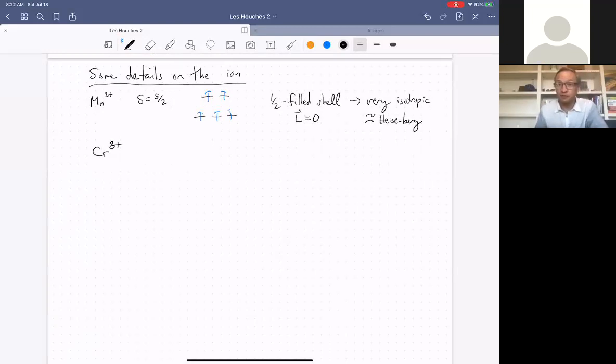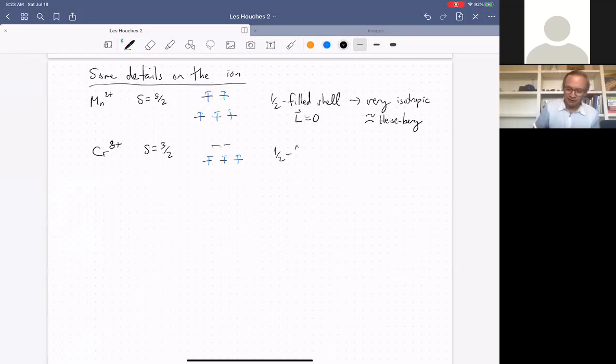In chromium triiodide, for example, we have the chromium 3+ ion. This is a spin 3/2 ion. We think about octahedral coordination again. This corresponds to filling 3 out of 5 of the d orbitals, but they're split that way anyway in a cubic crystal field.